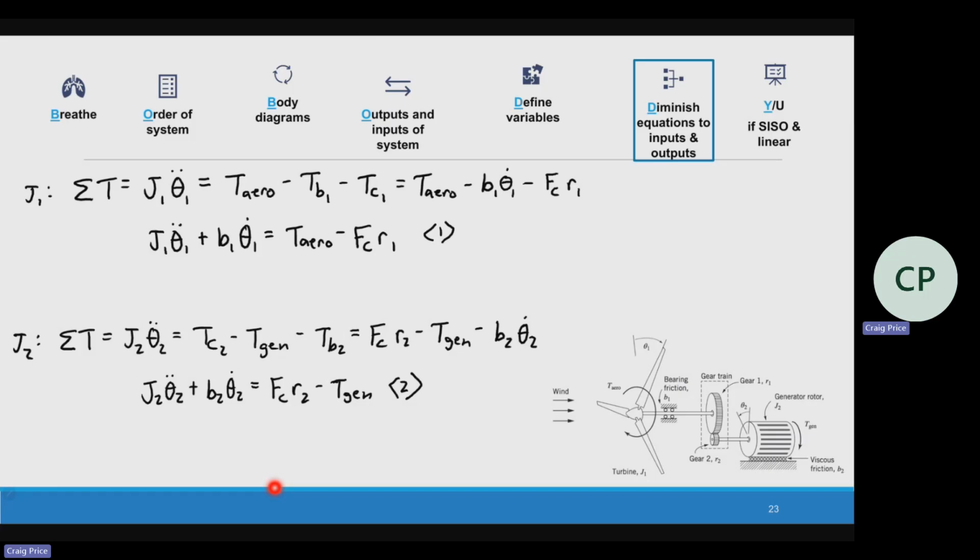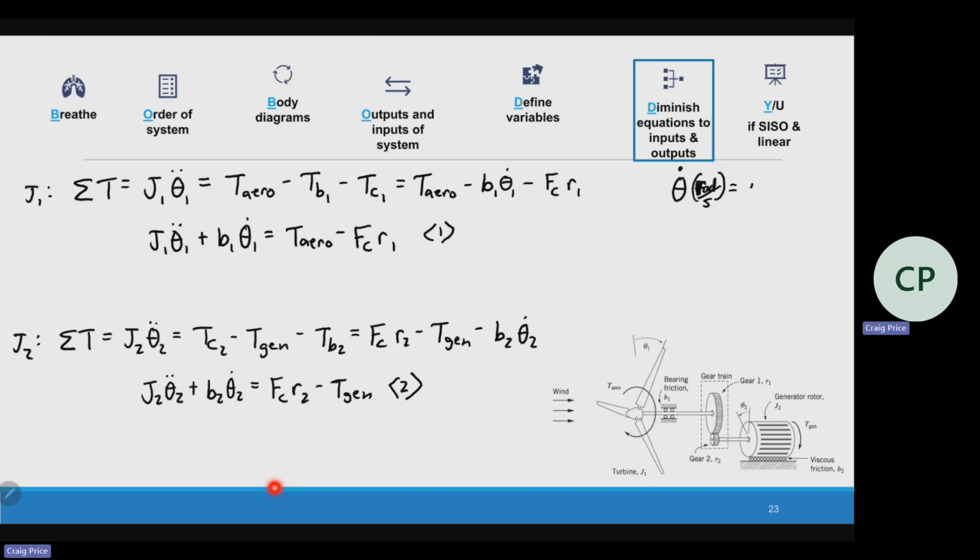So if the problem says change the goalpost, change the output instead from position to velocity, this is what it means. I know that theta double dot is acceleration. Theta dot, that's radians per second.